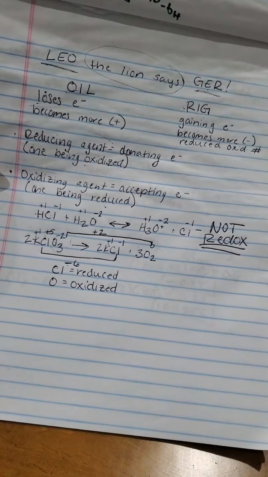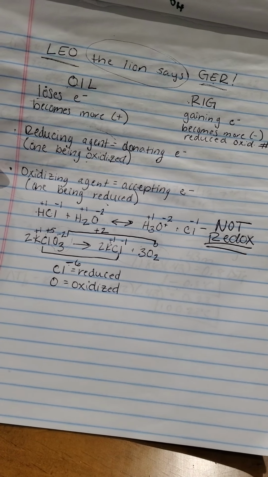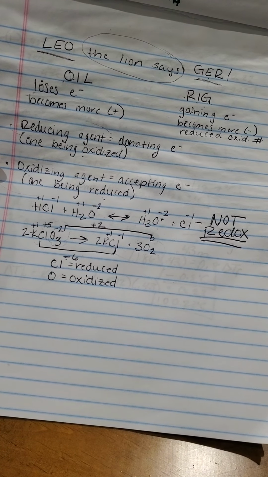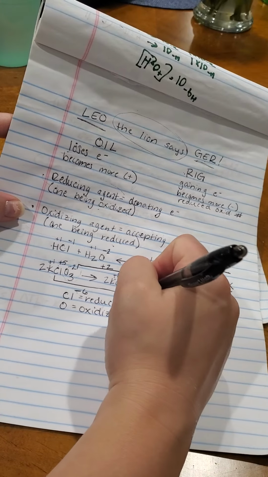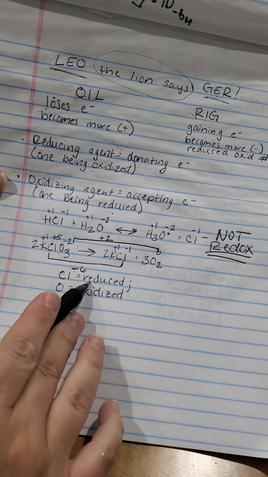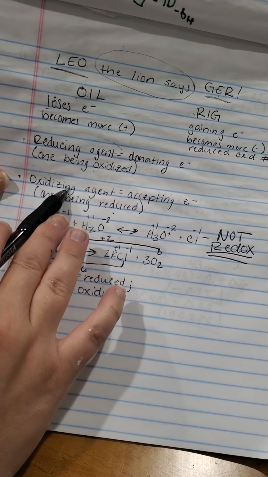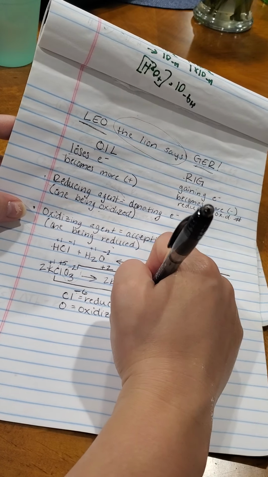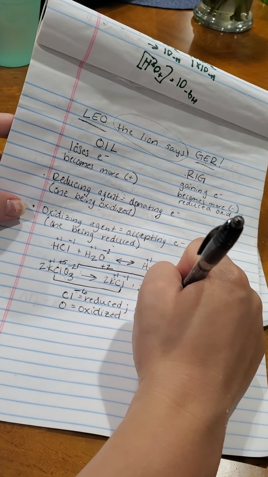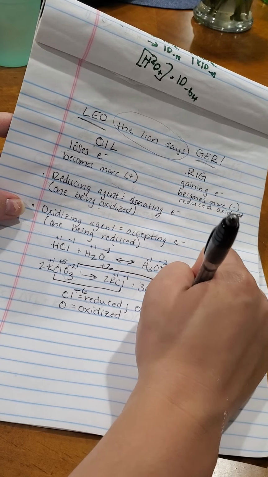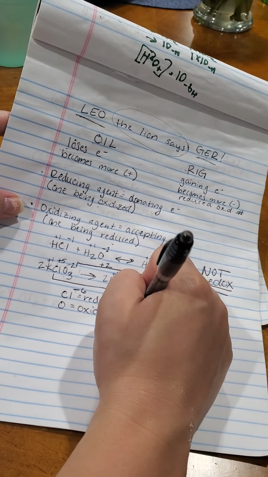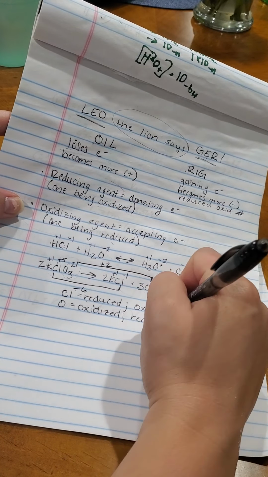Okay? Now, if I were to ask you, what is the reducing agent and what is the oxidizing agent? All right, so if he's being reduced, that means it's the oxidizing agent. Okay, and then this one that is being oxidized is the reducing agent.